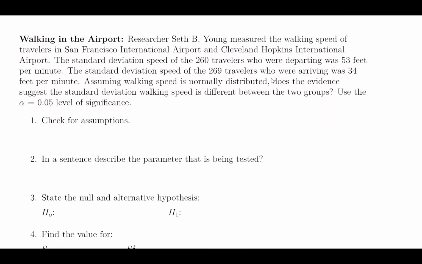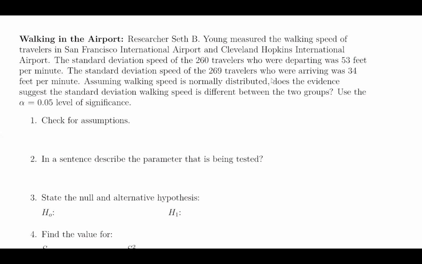The standard deviation speed of the 269 travelers who were arriving was 34 feet per minute. Assume that the walking speed is normally distributed. Does the evidence suggest that the standard deviation walking speed is different between the two groups using the alpha 0.05 level of significance?